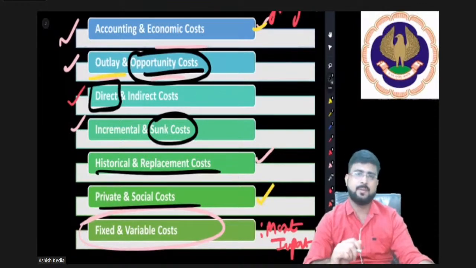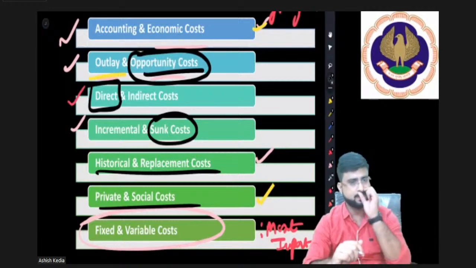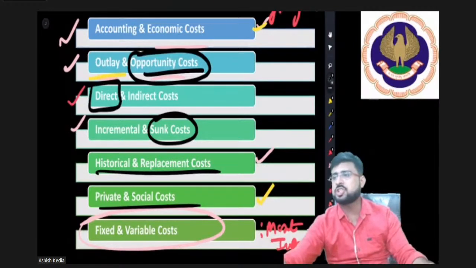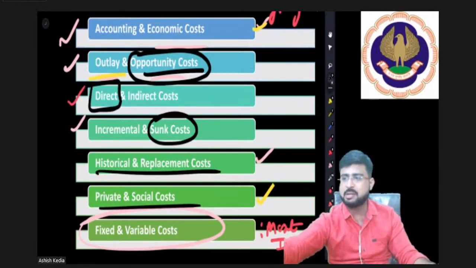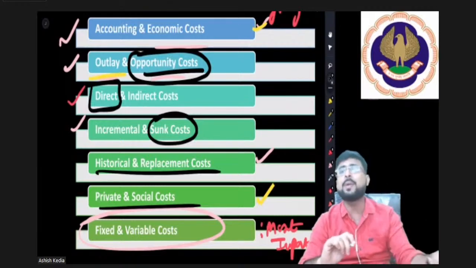Next question. Suppose, my dear friends, I have a friend, let's say Mr. Ayush. I had purchased an asset 5 years back for 5 lakh rupees. Now Mr. Ayush tells me that to replace the same asset today, I will have to pay 8 lakhs.